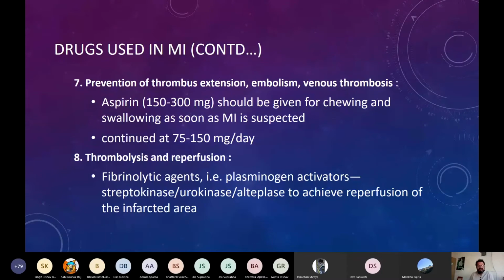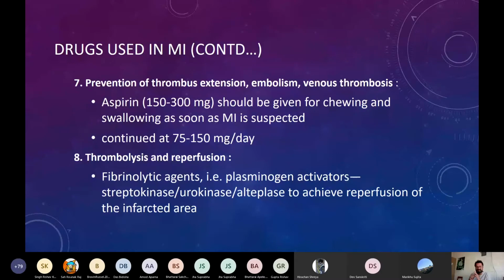We can have a percutaneous coronary intervention. Not only thrombolysis, in large centers like we have in our MTH, we can have angioplasty and stenting. Angioplasty is percutaneous coronary intervention.